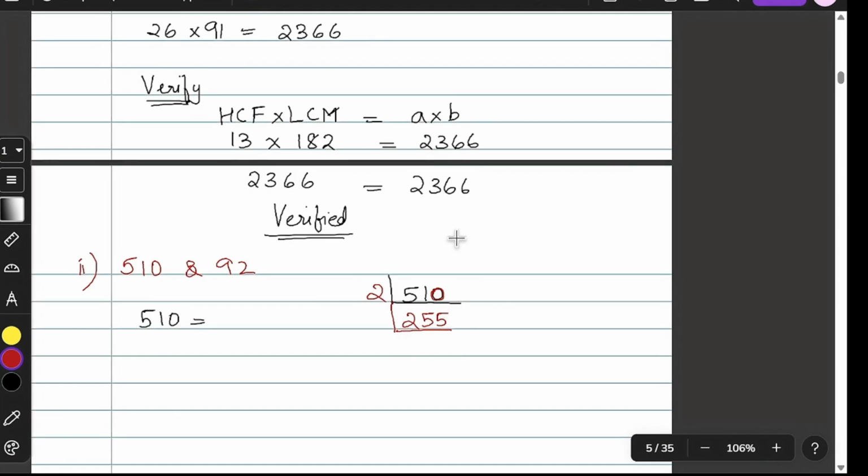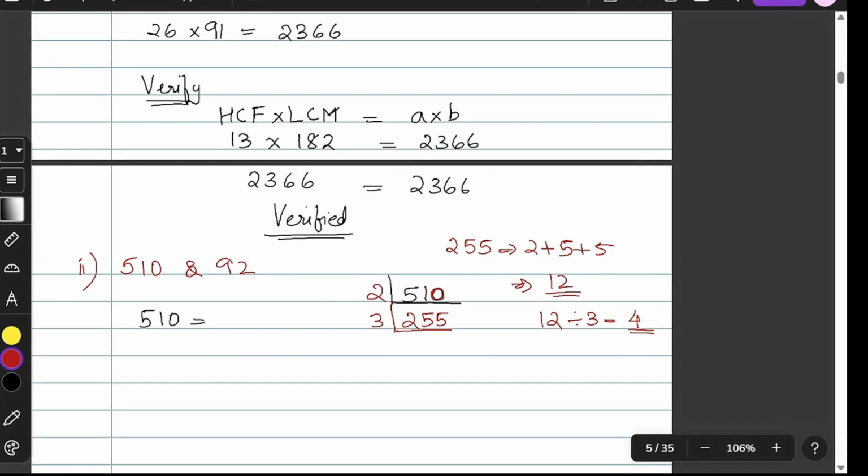How to check that? For that, I will add up the digits: 2 plus 5 plus 5, which is 12. 12 is a multiple of 3, so 255 is divisible by 3.